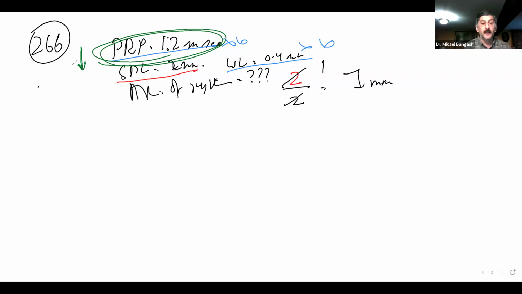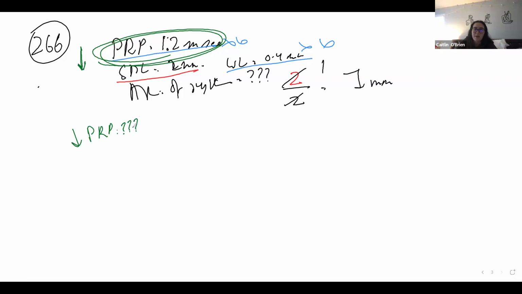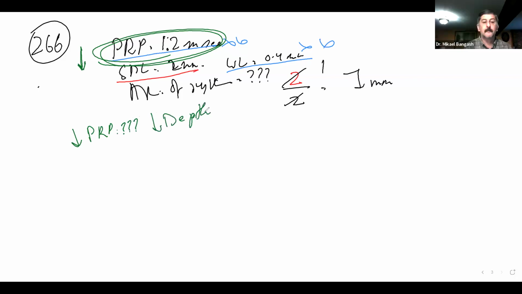How do we decrease the pulse repetition period? Decrease the depth. Decreasing the depth, exactly. Clear? That's pretty much it. So this number and this number here were just to confuse you.